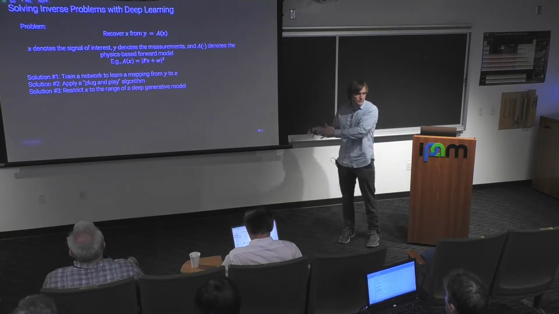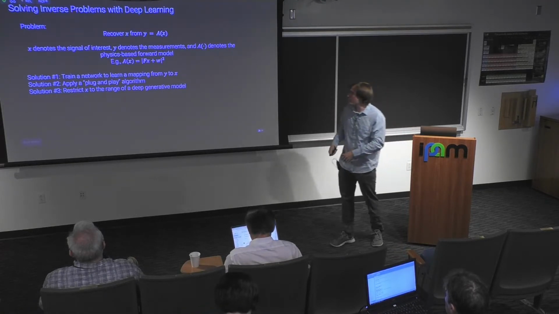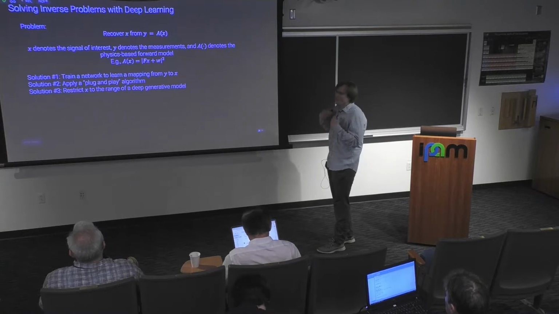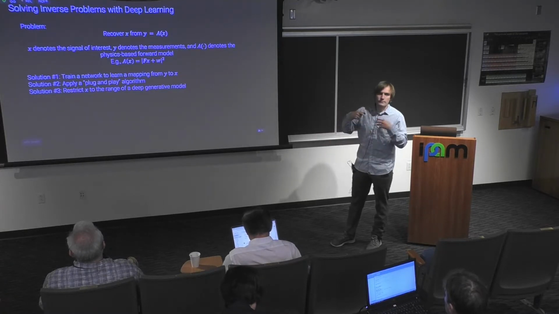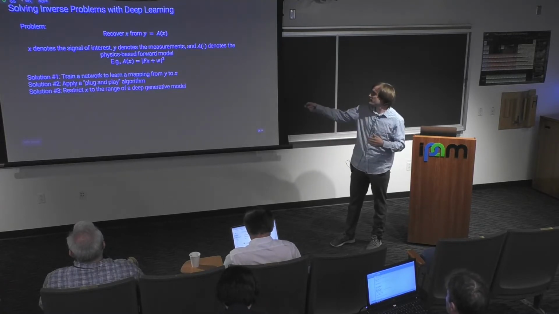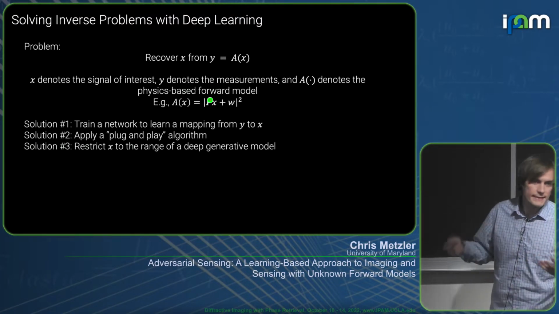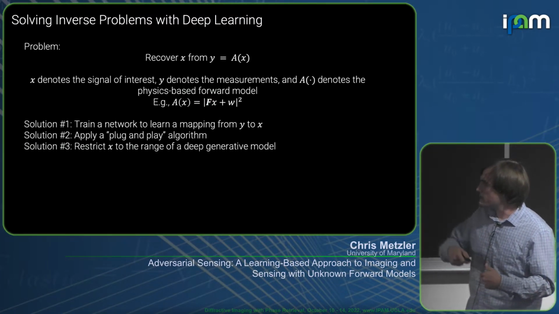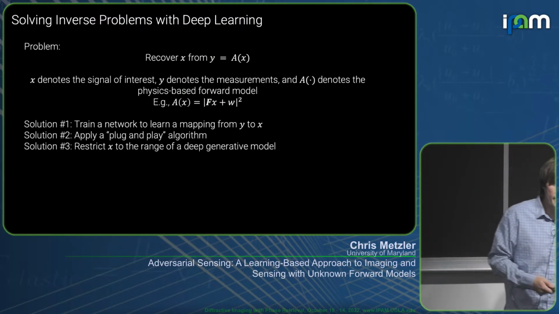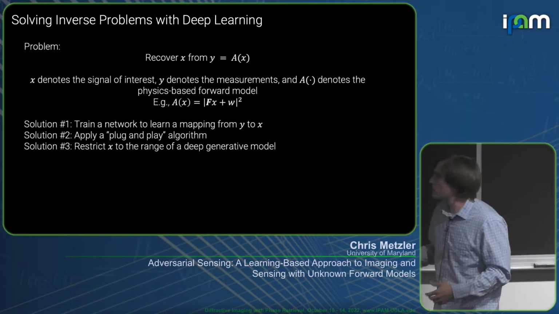That's how the signal of interest gets mapped to the measurements that we have. This is a very general framework, and for the purpose of this audience, we can think of it as Fourier phase retrieval. We have some complex field X, we have the 2D Fourier transform operator, and we capture noisy intensity measurements. And there are three prototypical ways to approach this problem with deep learning.